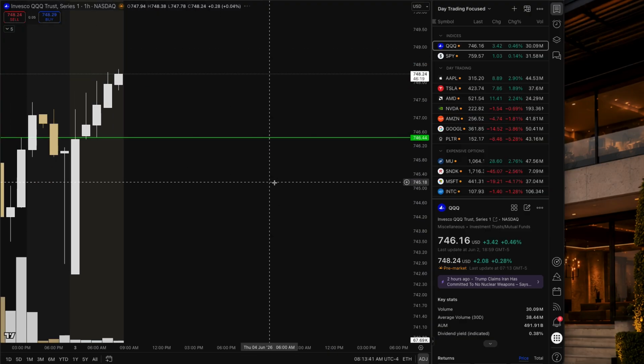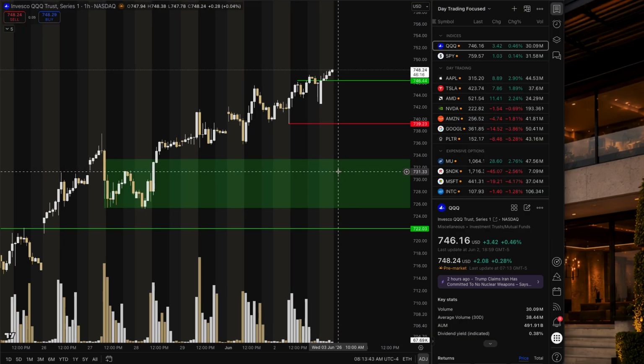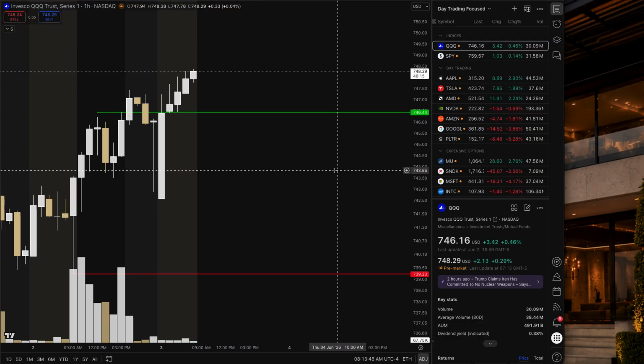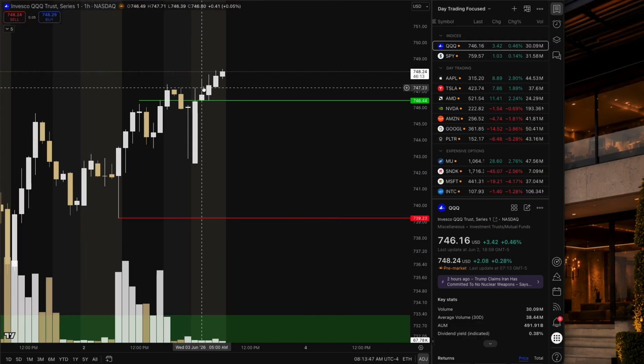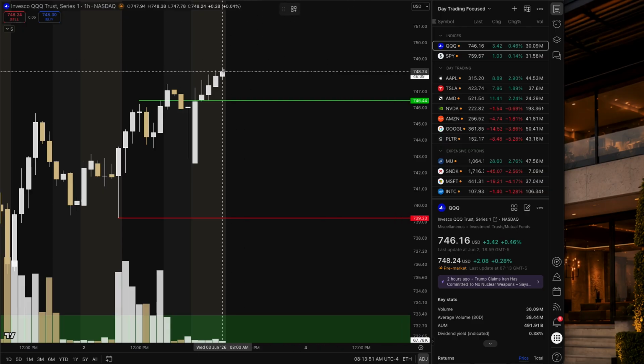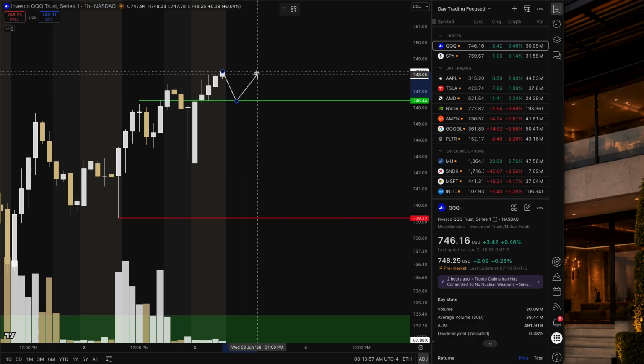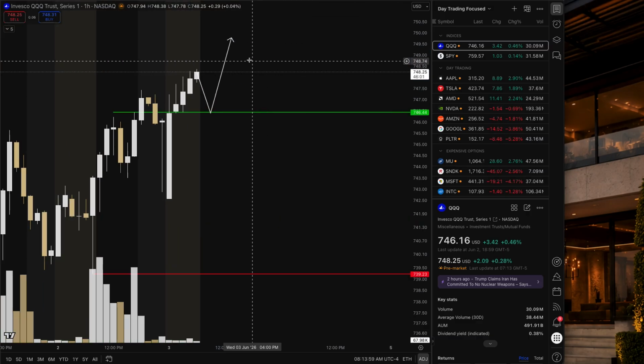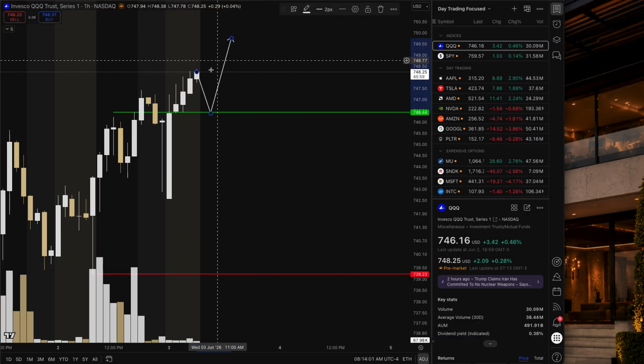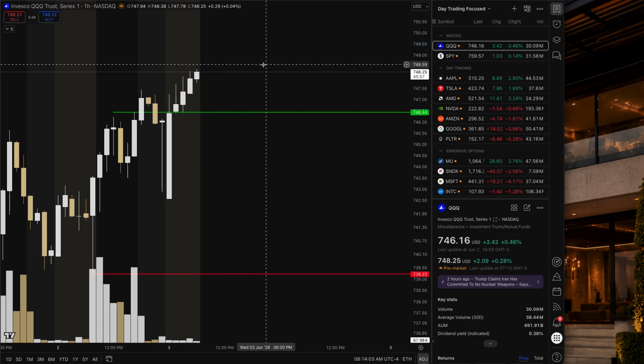Now if I go to 1 hour, right now in the pre-market I can see QQQ is breaking above the previous day high. So what I want is QQQ to come back to the previous day high, retest, and then move forward. This is what I will be looking for, the continuation on the QQQ.